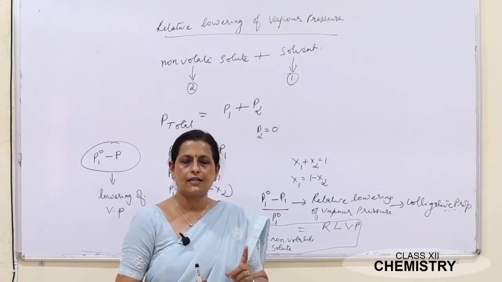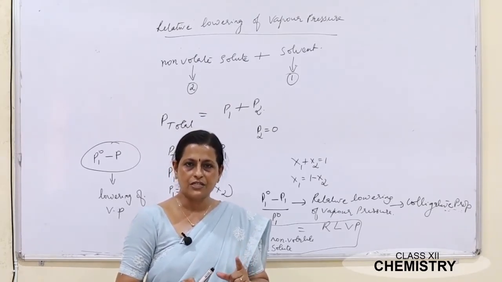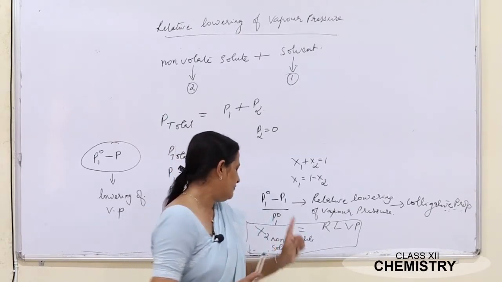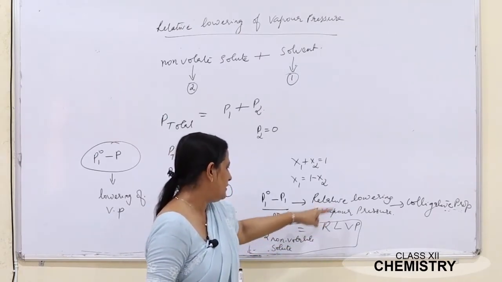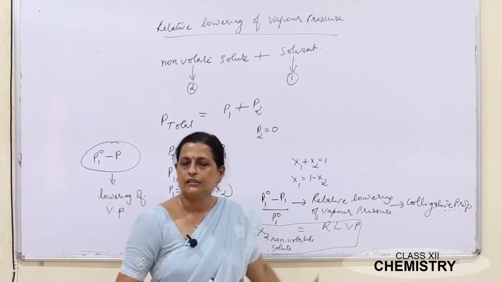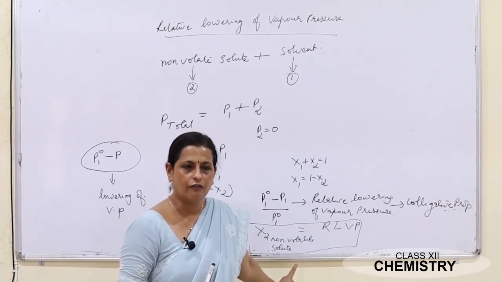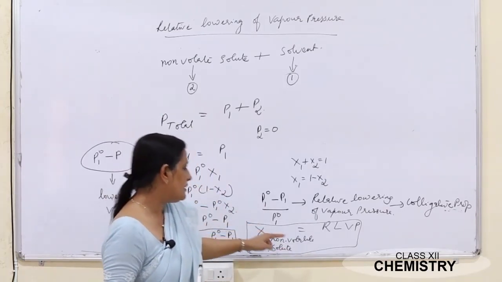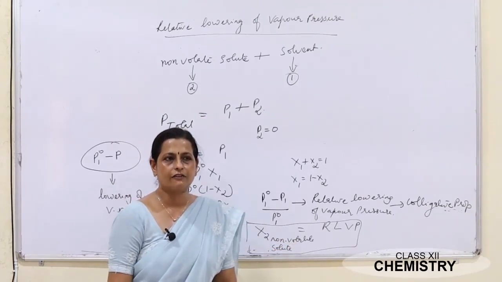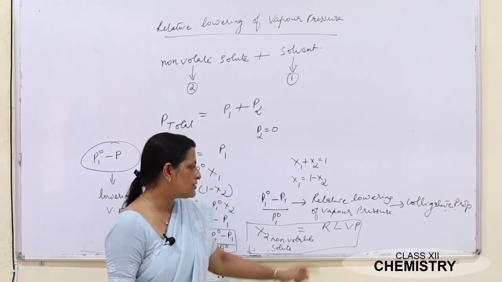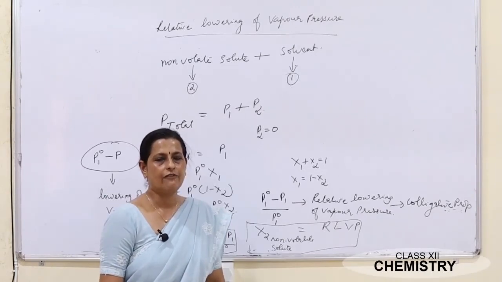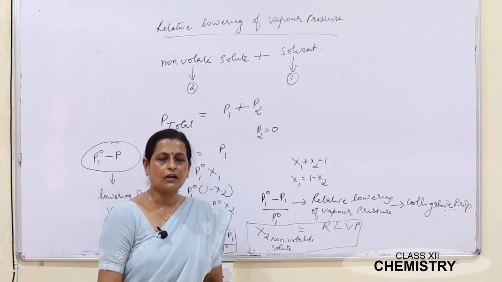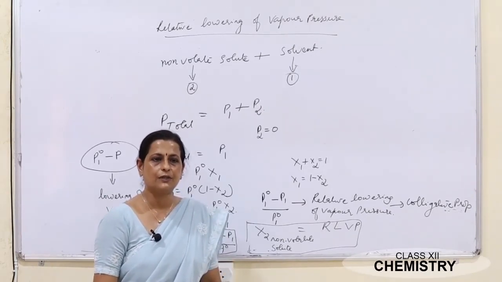So we just studied relative lowering of vapor pressure, and from that we have derived the definition for Raoult's law when the solute is non-volatile. That is, when the solute is non-volatile, the mole fraction of the non-volatile solute is equal to relative lowering of vapor pressure. So the remaining colligative properties we will continue in the next class.